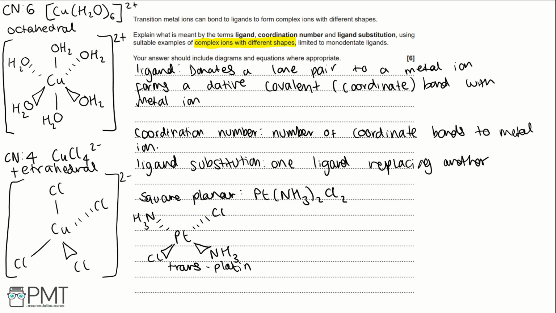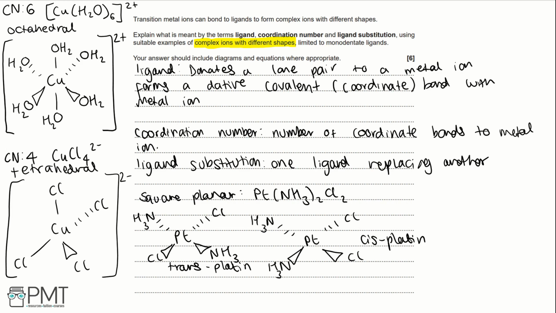But if you had them on the same side, that would be cisplatin, which we can now draw. You can see that with a coordination number of 4, if it's d8, it won't form a tetrahedral arrangement. It will instead form this cis-trans square planar configuration. So here we've drawn the cisplatin.